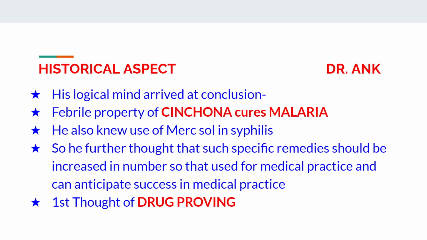So he further thought that such specific remedies should be increased in number so that they can be used for medical practice and success can be anticipated in medical practice. So this was the first thought generated in Dr. Hahnemann's mind about drug proving.